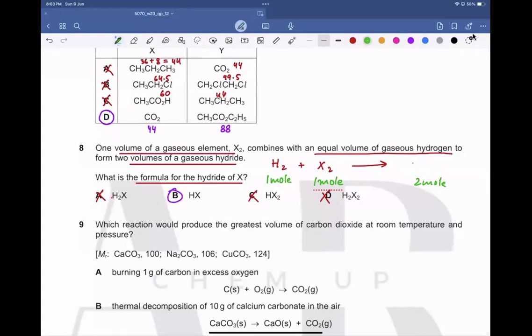Because in C, if you make it C, how many hydrogen is left? So one hydrogen is also formed, and they are saying that 2 molecules of a gaseous hydride is formed. So one hydrogen is left behind. So that's why C goes wrong.